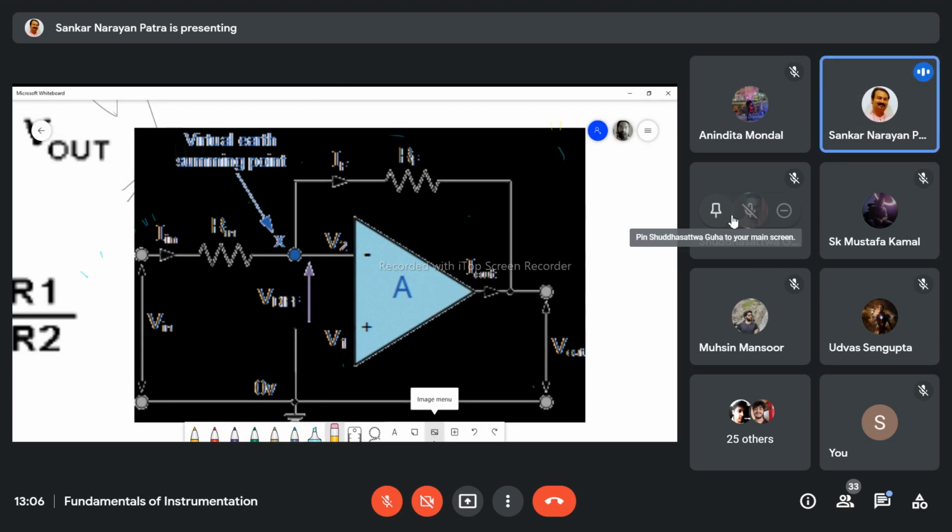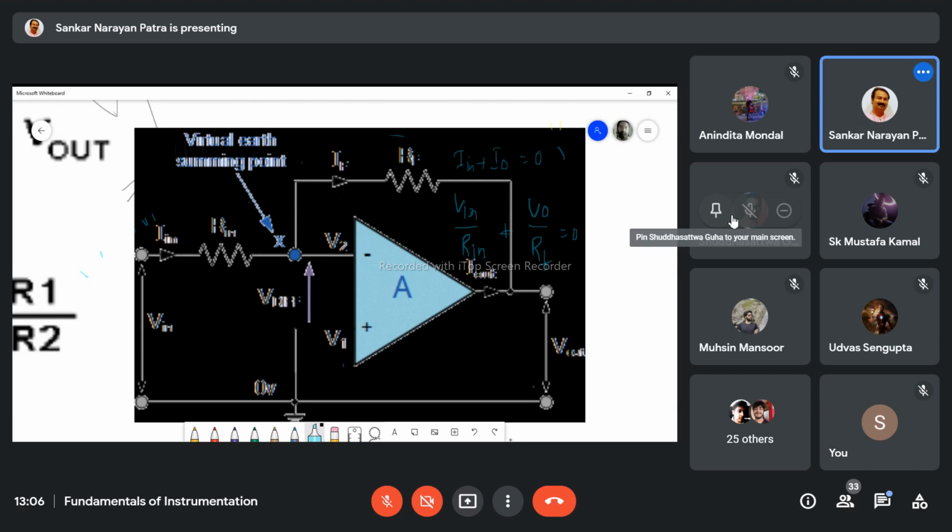So we can say Vin by Rin plus V0 by RF is equal to 0, right? Two currents entering a particular point, no current is coming out. I in plus I out equal to 0.